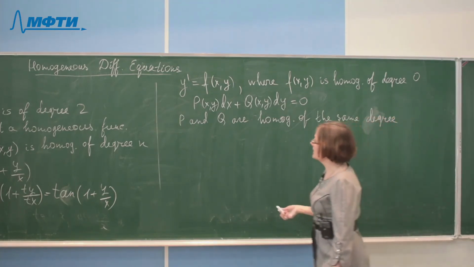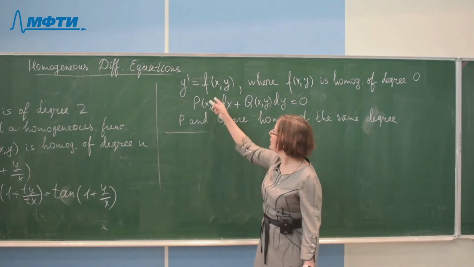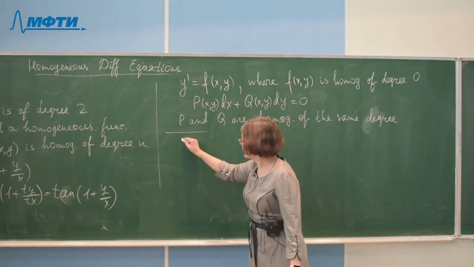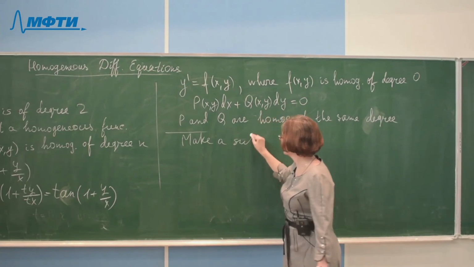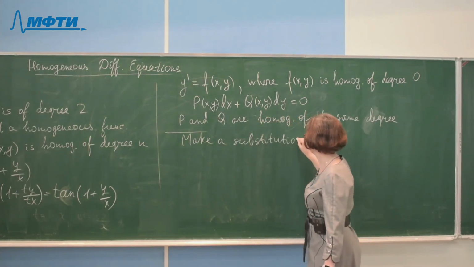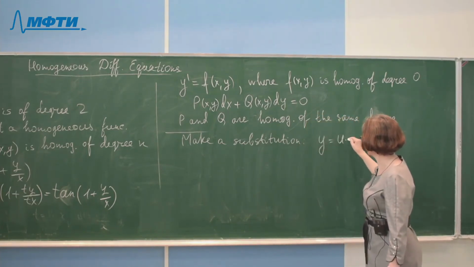In this case, the method of solving homogeneous equations is to make a substitution: y equals u times x.